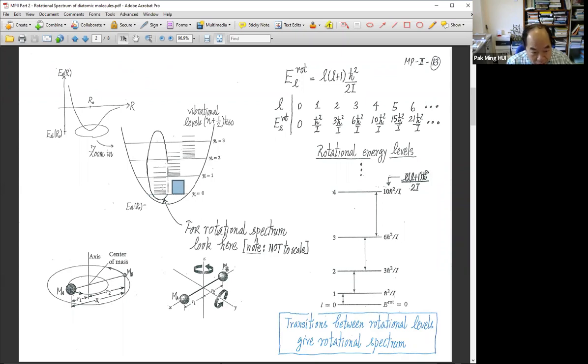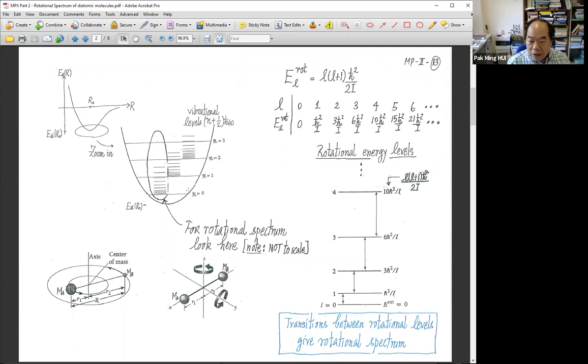Because remember, a typical spacing here is just 1% of this business, okay? So this is just to let you see. Otherwise, it is much smaller scale hidden here, okay?